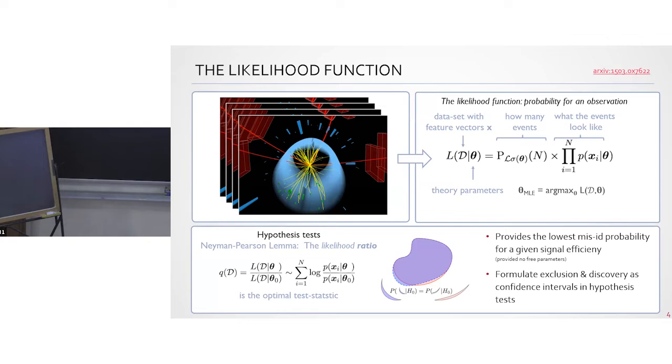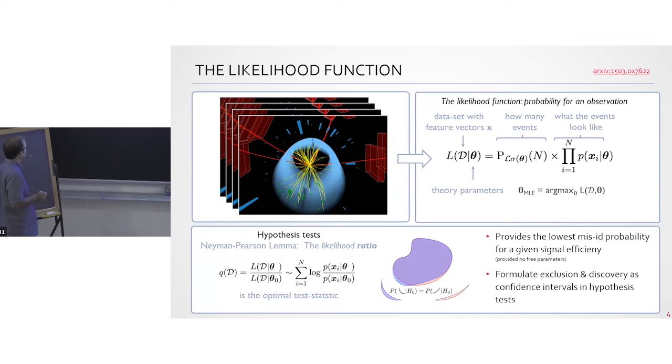Good. So, in the sense of hypothesis tests, there's the Neyman-Pearson lemma that appeared yesterday. It tells us that if we want to do hypothesis tests, the optimal test statistic is the ratio of two likelihoods.